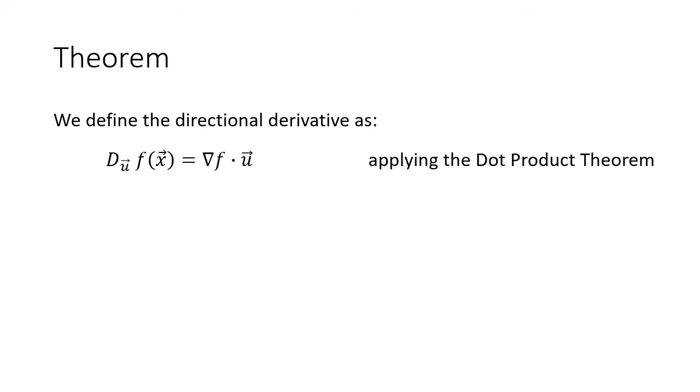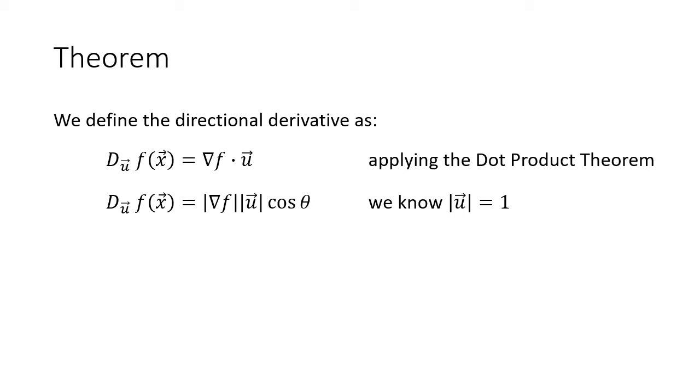So let's actually take a look at what this is saying. Remember, we defined the directional derivative as the gradient of f dotted with u. But it's a dot product, which means I can apply the dot product theorem, which means it's really equal to the magnitude of the gradient times the magnitude of u times cosine of theta, where theta is that angle between the two.